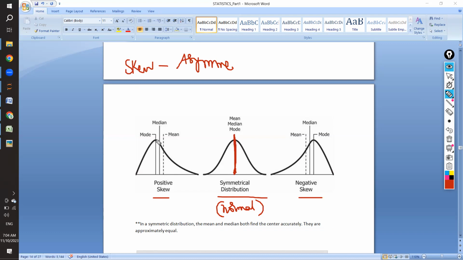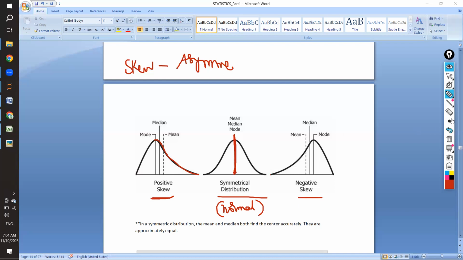But if the right side is longer while the left side is the same, it is getting elongated. So if the right side portion is getting extended, then it is called positive skew. If the left side portion is getting extended, it's called negative skew.